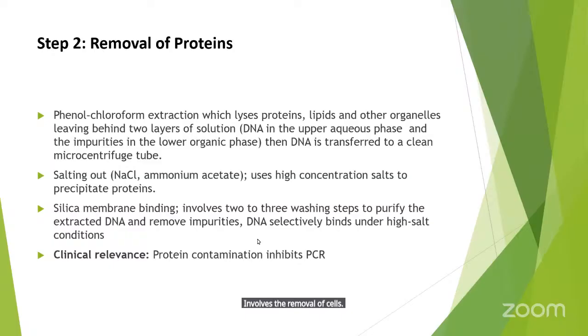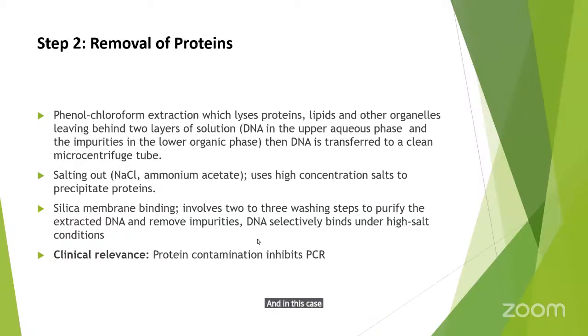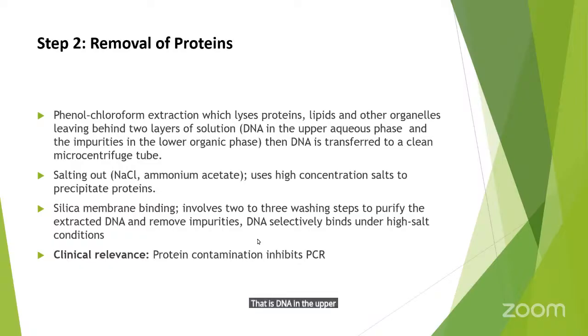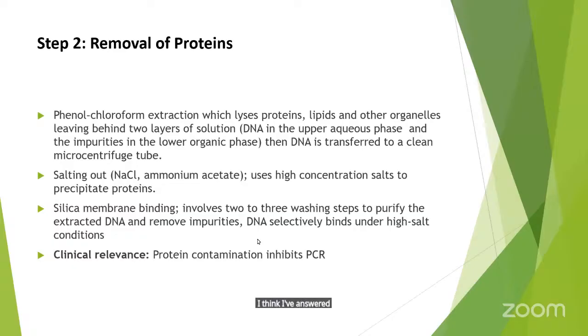As you can refer to step 2, I will share with you the slides. The step 2 was about removal of proteins. And in this case, there is a chemical we discussed that is called phenol chloroform, which lyses the proteins and also lipids and other organelles, leaving behind two layers of solution, that is DNA in the upper aqueous phase and the impurities in the lower organic phase. Then the DNA can be transferred to a clean, sterile microcentrifuge tube. I think I've answered Opio's question.